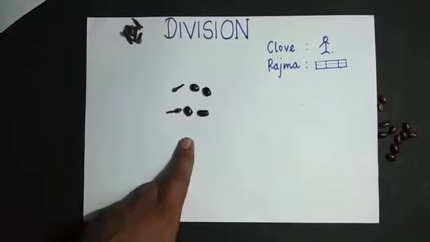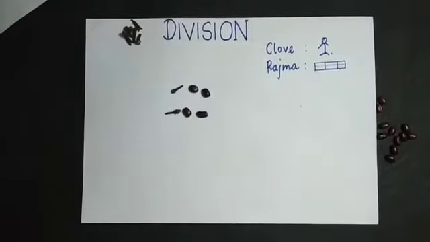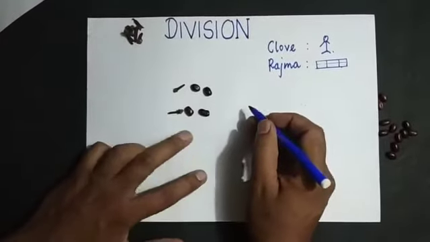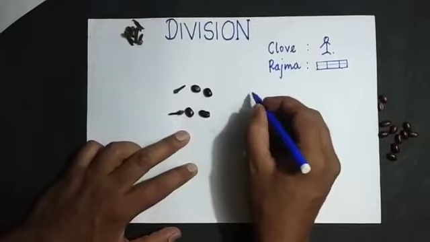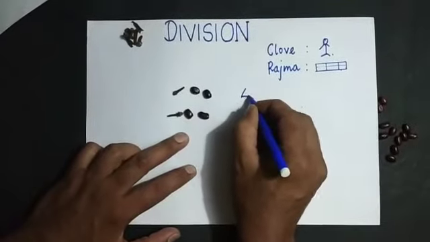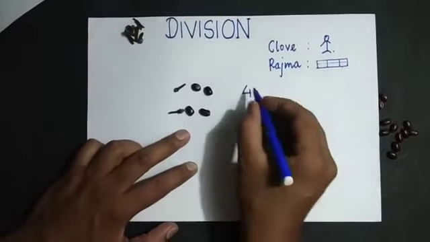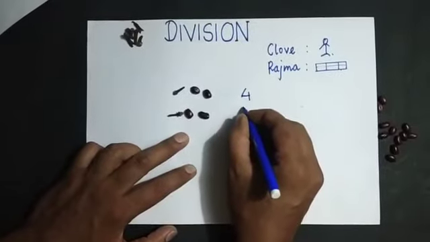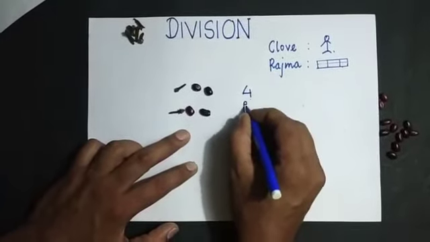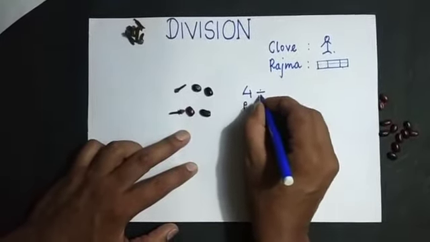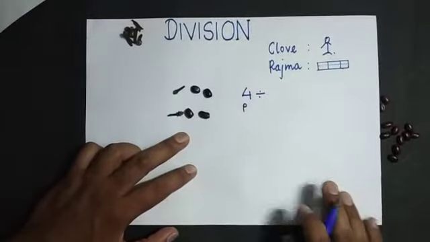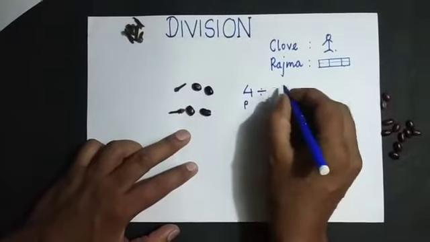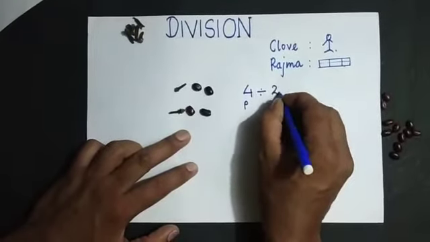Is that clear? So simply you can write: four is the chocolates. Here we say how many persons are there? Two persons. This is the sign of division, 4 divided by 2.